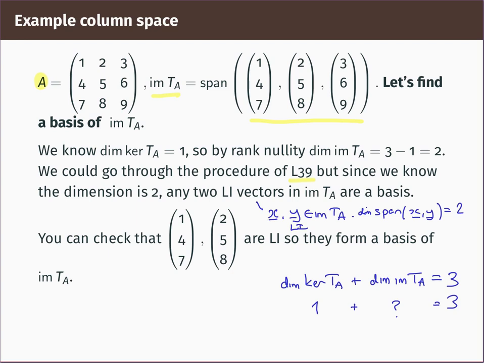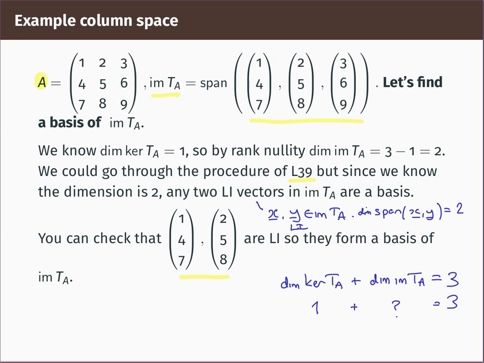So here, if we can somehow spot two vectors which span the image and which are linearly independent, then those linearly independent vectors must be a basis for the image. And actually it's very easy to check that these two vectors are linearly independent.